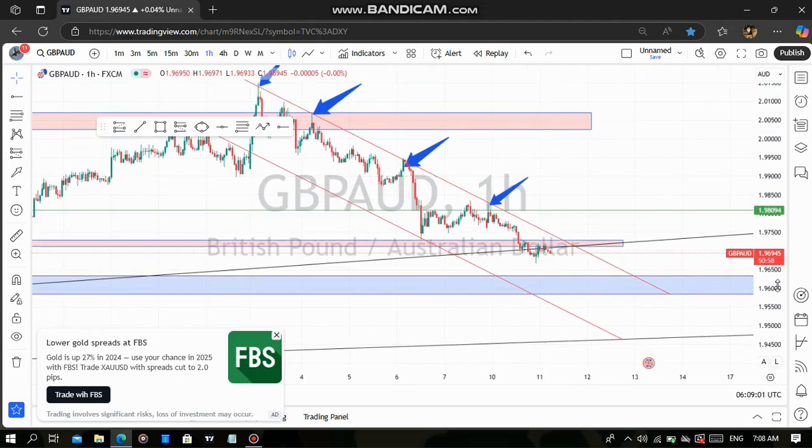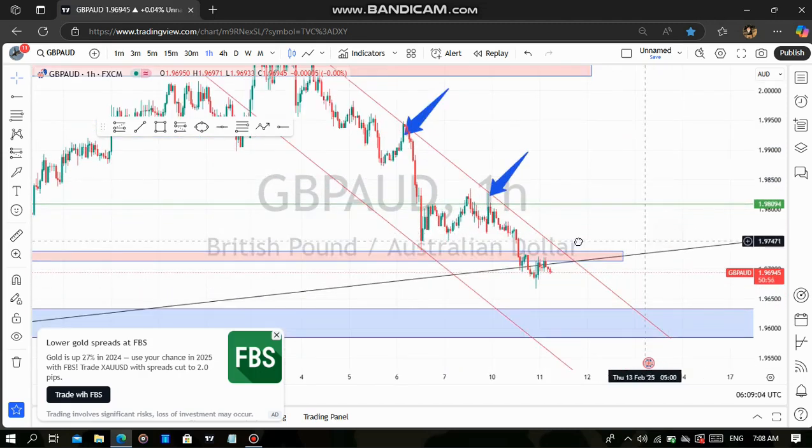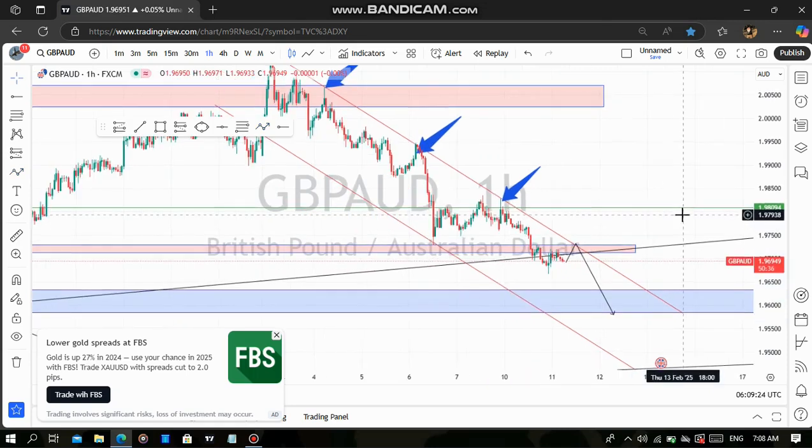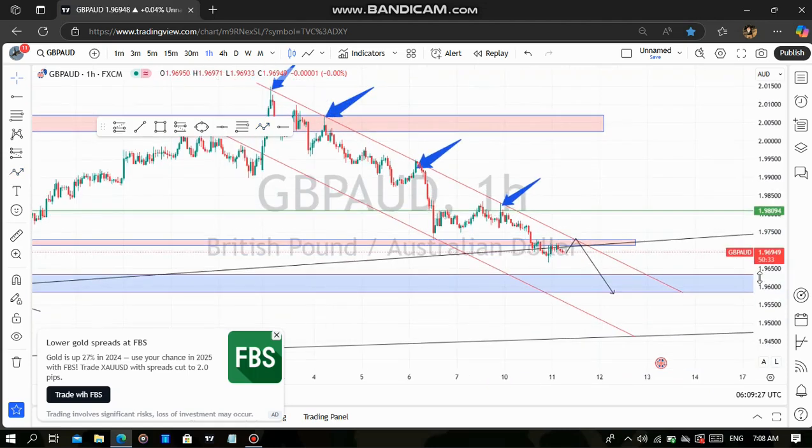So what is our point of interest? At any point in time this week, if price retraces and touches this downtrend line with a confirmation rejection candle on H1 at least, be ready to sell and continue with this downtrend.